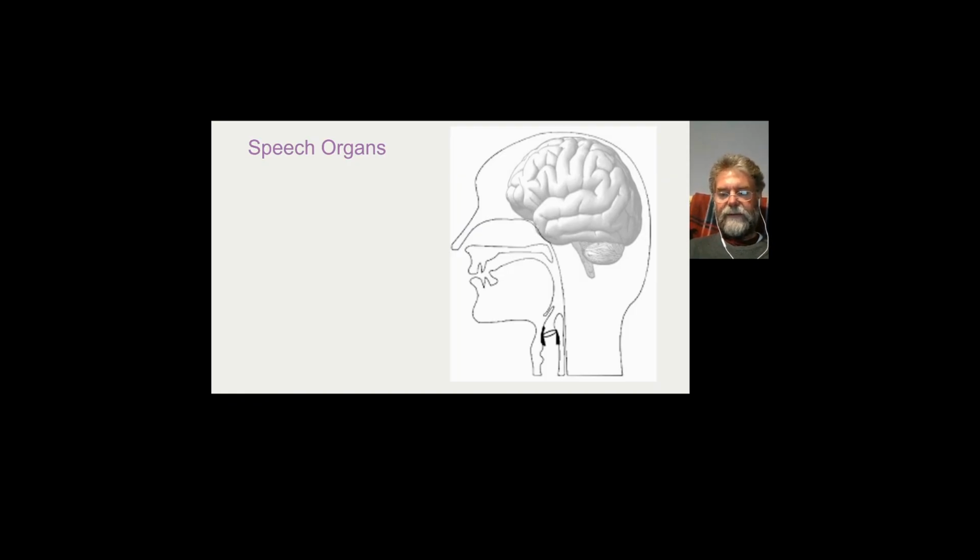Now, the brain itself is specialized for dealing with language, and we know this because there are certain areas in the brain which are specifically to do with language.